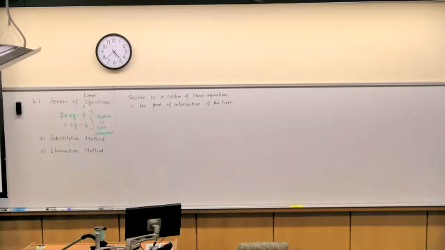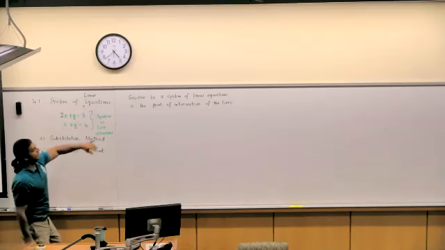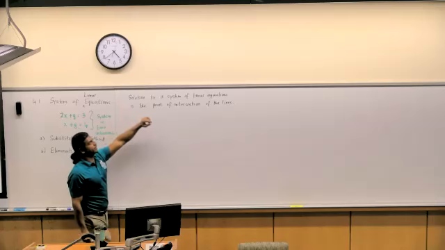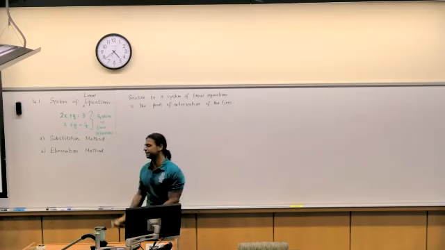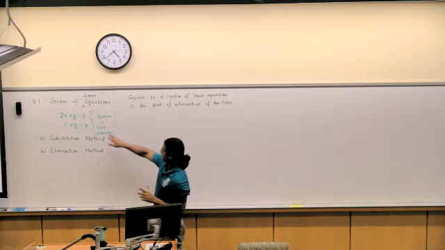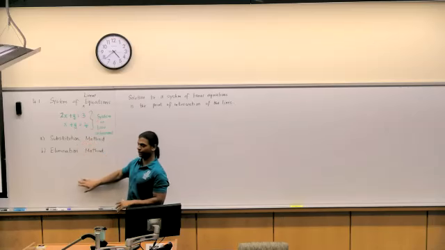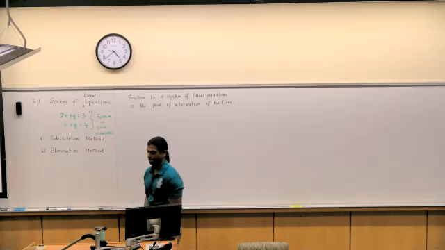So we have two equations, which would imply that there are two lines. And when we find a solution, we are actually finding the point of intersection of the two lines. So how do we solve? We either use the substitution method or we use the elimination method.